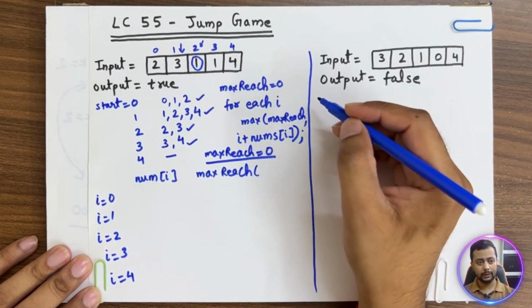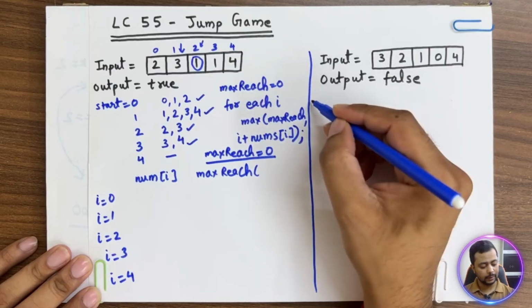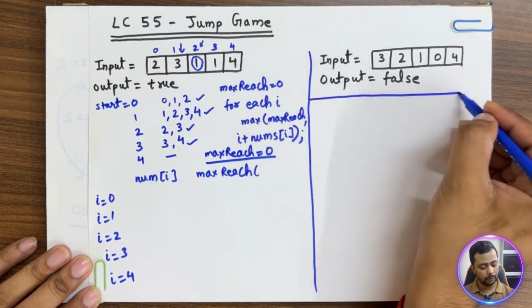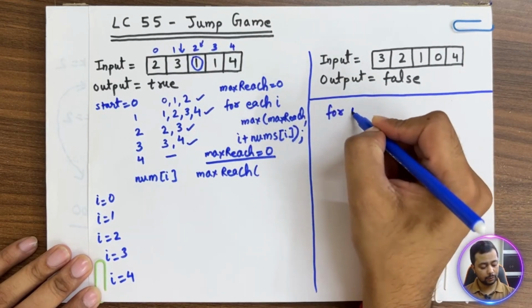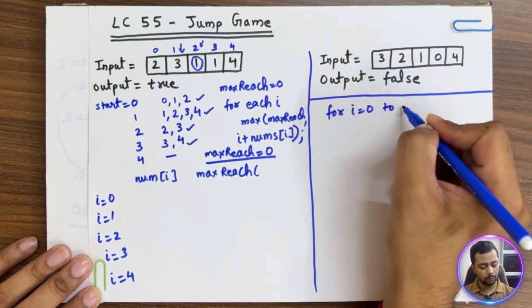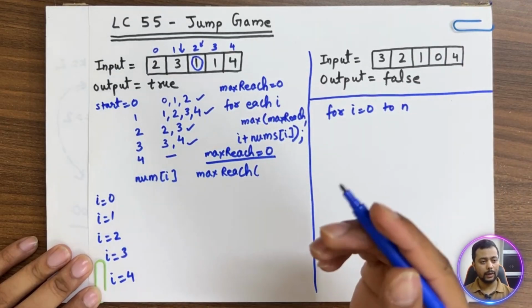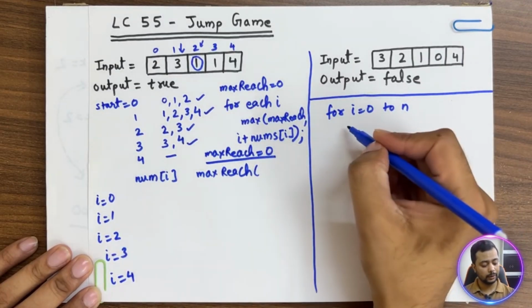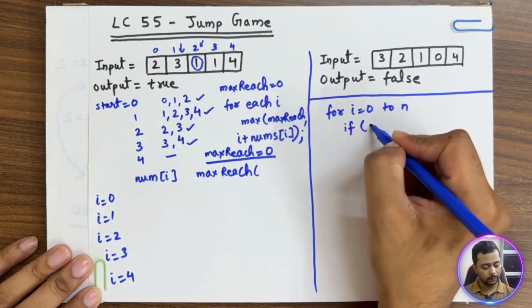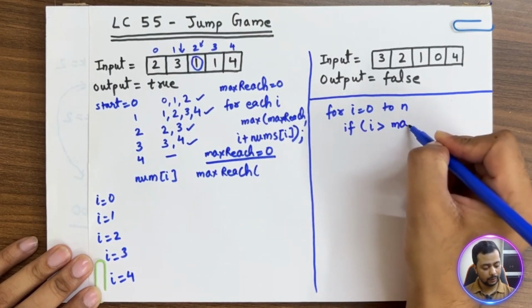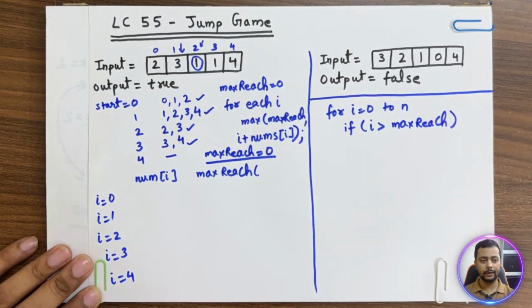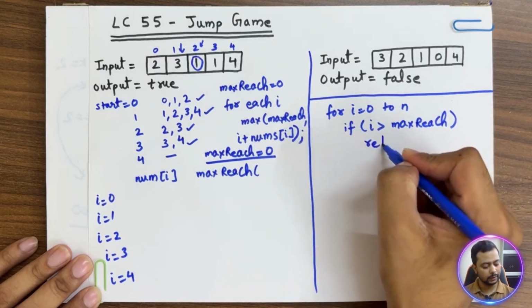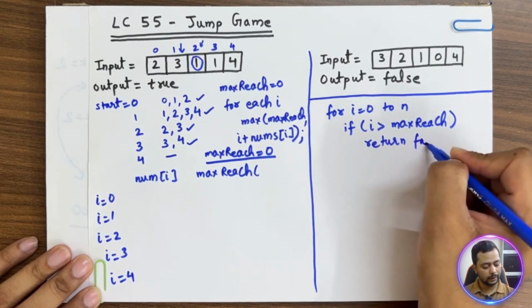Alright, so before the dry run, let us write the entire pseudocode that we will be following. We will traverse the array for I is equal to 0 to n. At every position, I am going to check if I have gone beyond the max reach. If this happens, it means we have reached an index which was not even reachable. If that happens, we will simply return false and our entire logic stops.